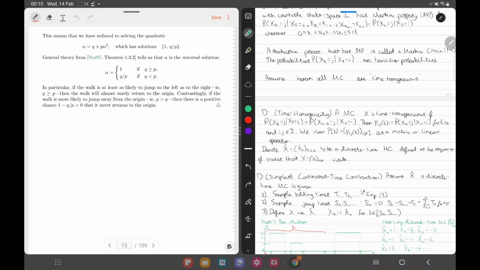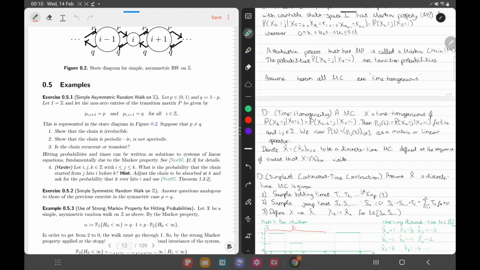how irreducibility and long-term behaviors are supposed to be understood, because usually these things go by, hey, look at this thing, does this. So actually he states it here: show that the chain is irreducible, show that it's periodic, show that it's transient or recurrent.